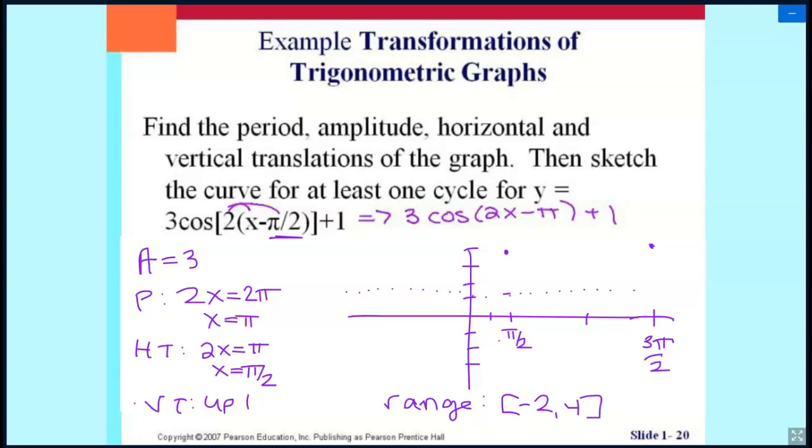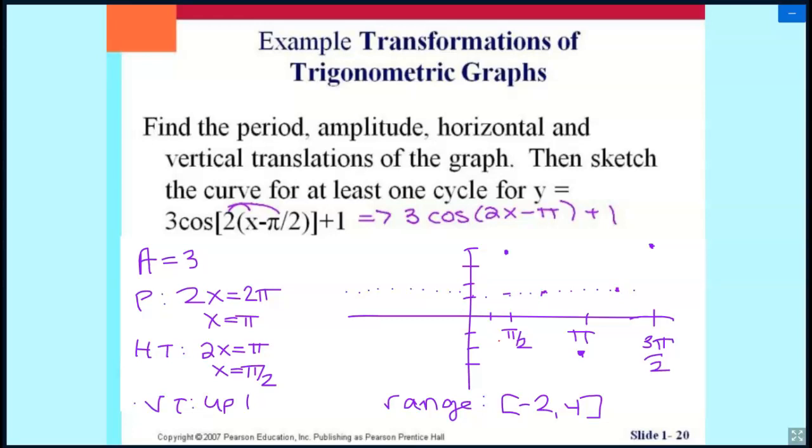The midpoint of pi halves and 3 pi halves is pi. So that is going to be the min, or the middle of cosine. So that means at negative 2. And then we know that the zeros of cosine happen in the middle of its max and mins.